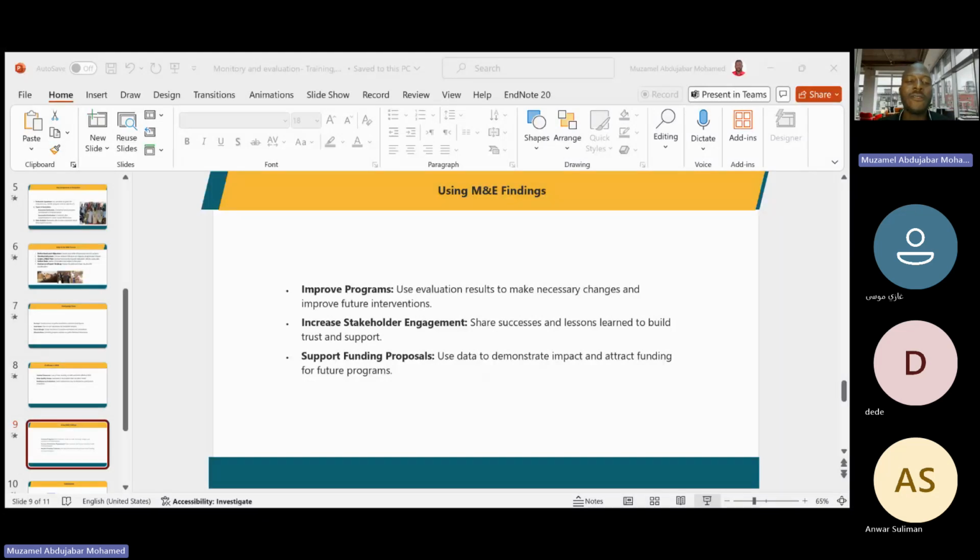And enhancing the accountability means you can distribute your resources based on your need. Yeah, enhancing the accountability. It is not corruption. It lets the work go perfectly. Yeah, this is the main essential or main benefit of the monitoring and evaluation.